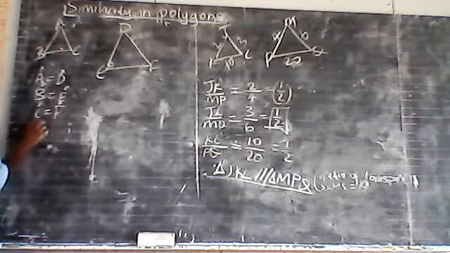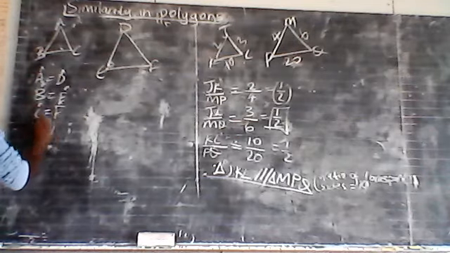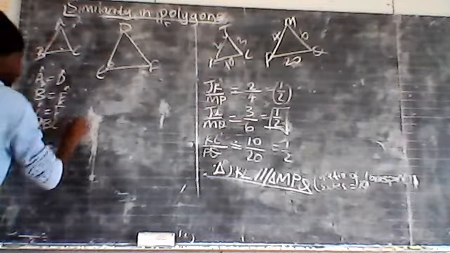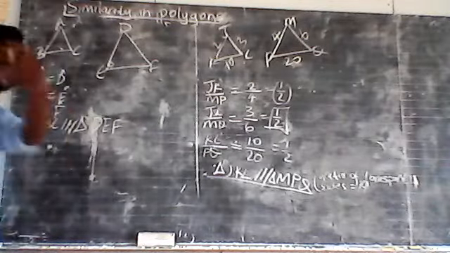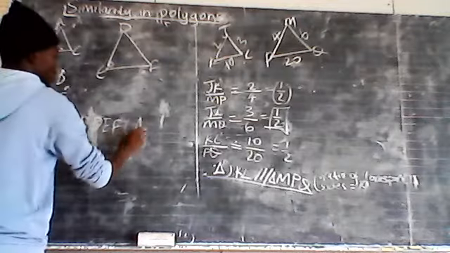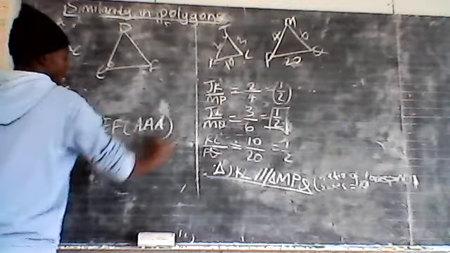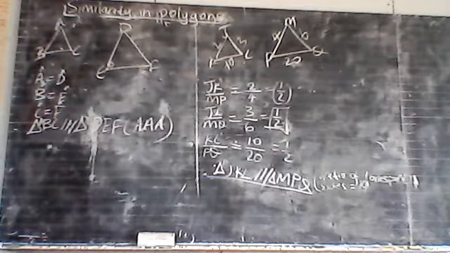You can conclude that triangle ABC is similar to triangle DEF. Remember, we said if you can find that two triangles are similar using their angles, your result will be angle, and you found that those three sides in two triangles are equal.